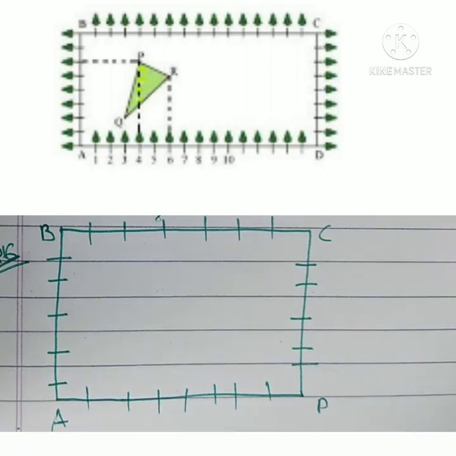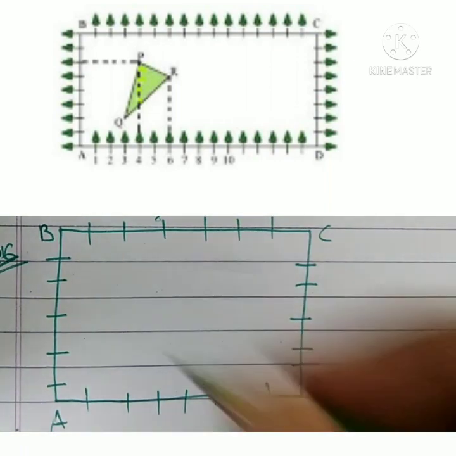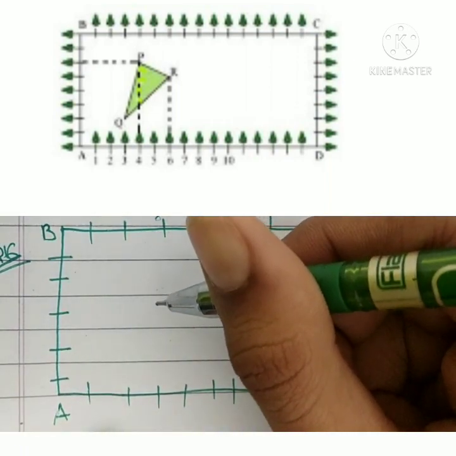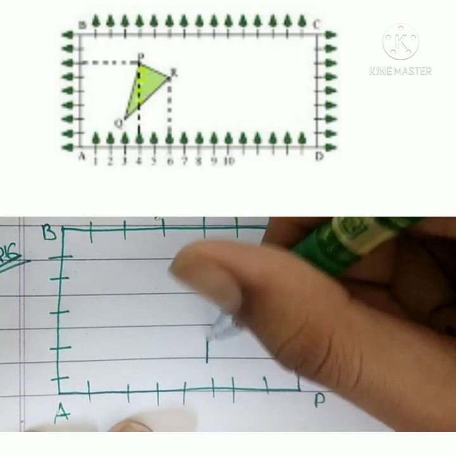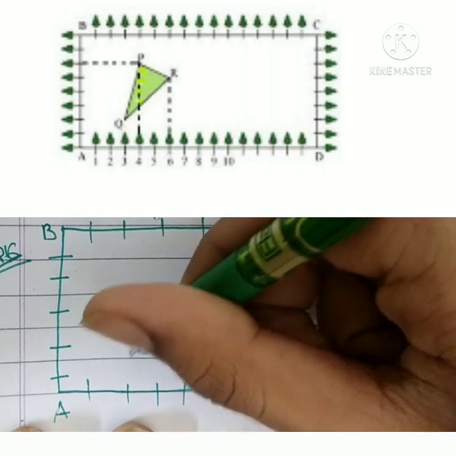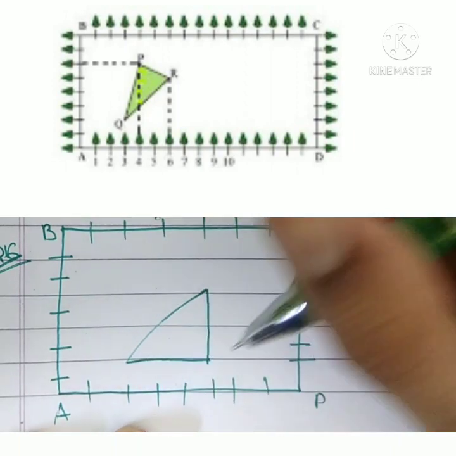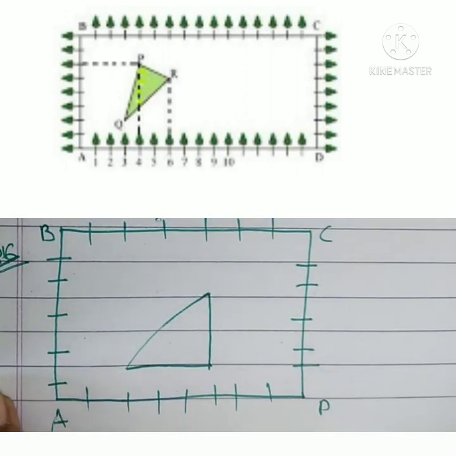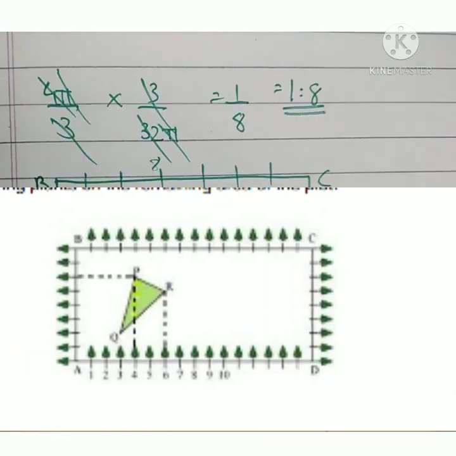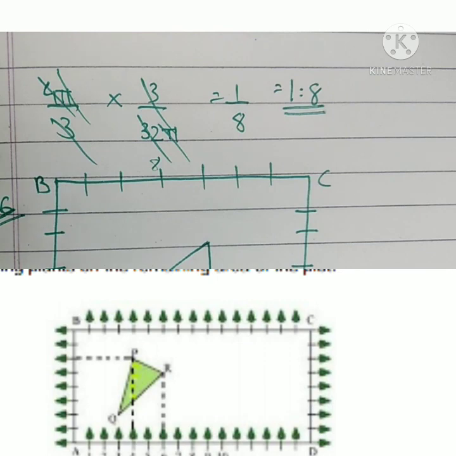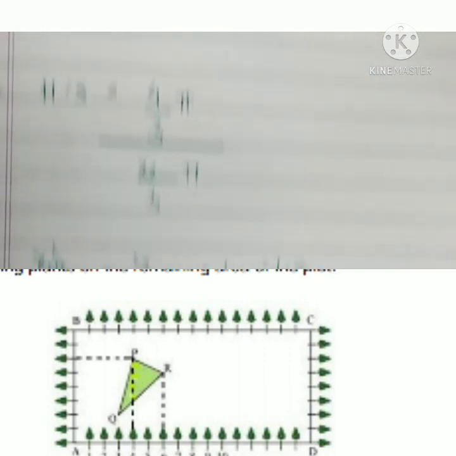And it says that this is forming a triangle. Like this only, I think so. You can see the diagram. I guess the image is displaying on the top. I'm not drawing the full diagram.